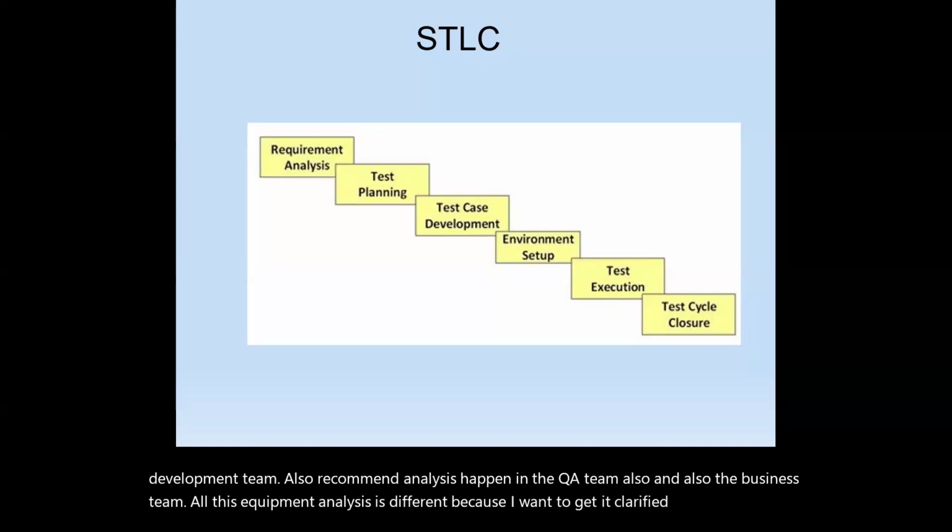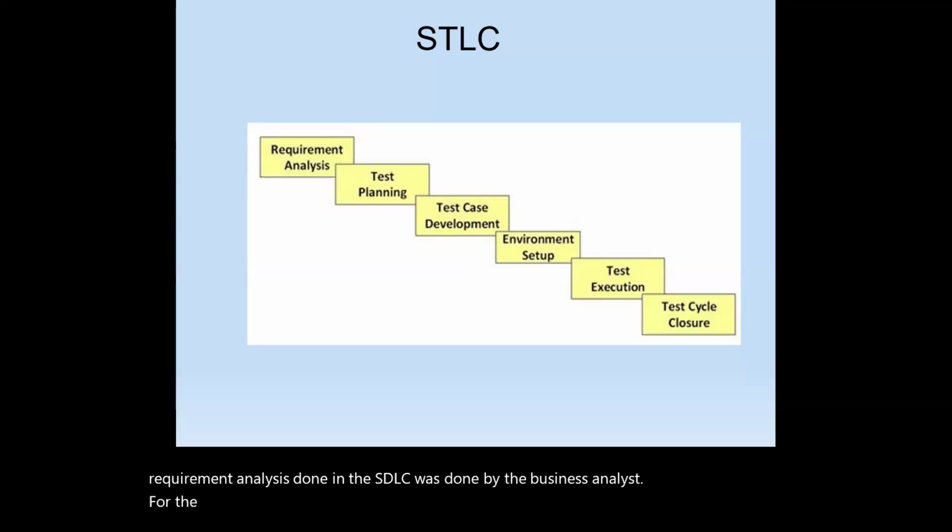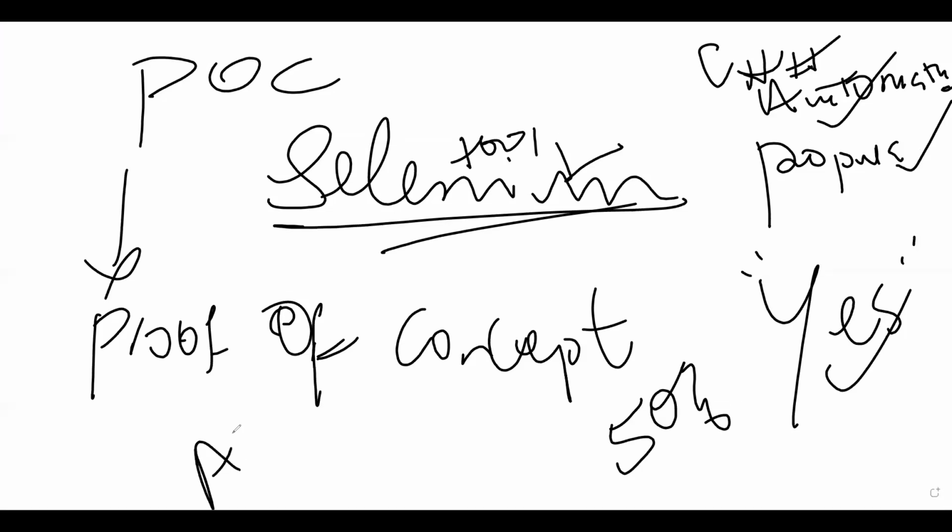That's why I want to get it clarified. The requirement analysis done in the SDLC was done by the business analyst or the client. Now the testing team, we analyze the requirements, what kind of application, what is the application under test.